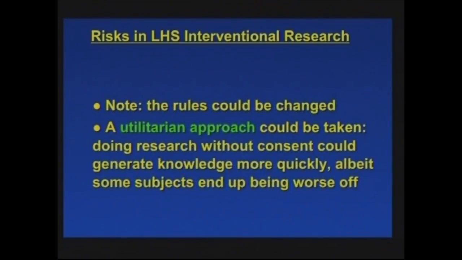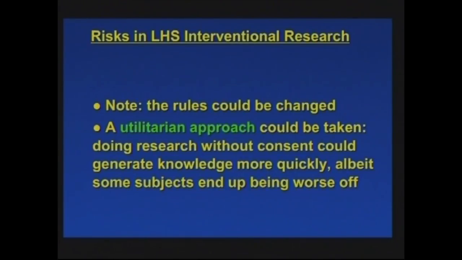Now, I will note, this is currently a core principle in our current ethical thinking and in our current regulations. I'm not saying you couldn't revise our ethical thinking and revise our regulations and come up with a more utilitarian approach in which we would generate a lot more information more quickly, but there would be some losers.